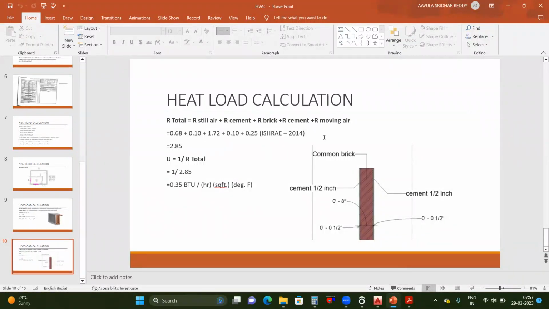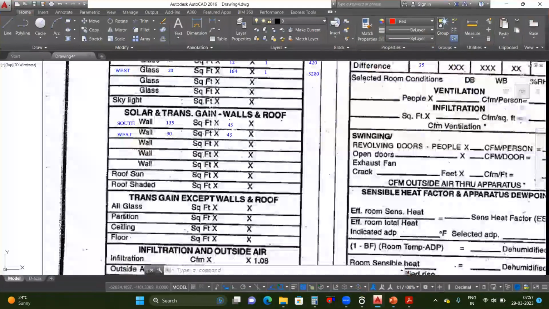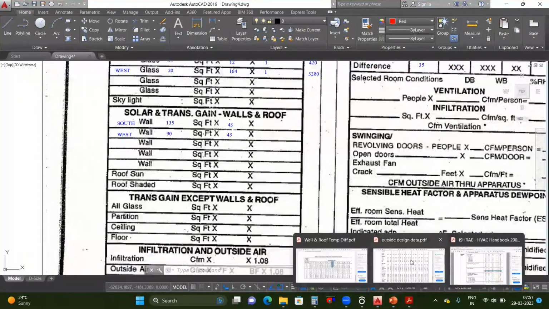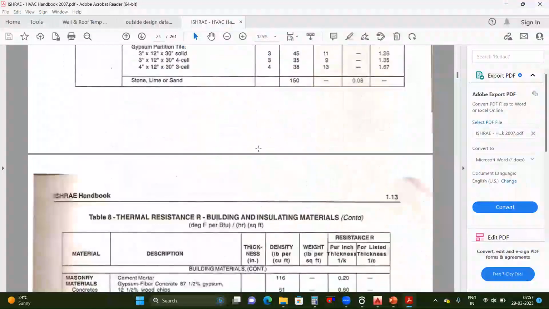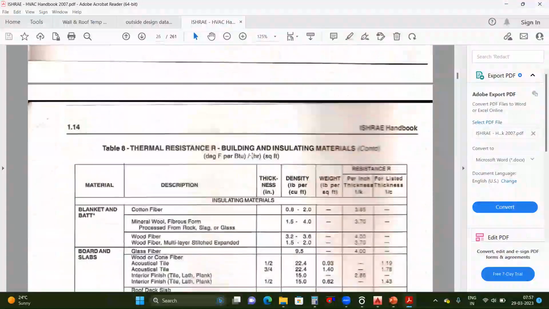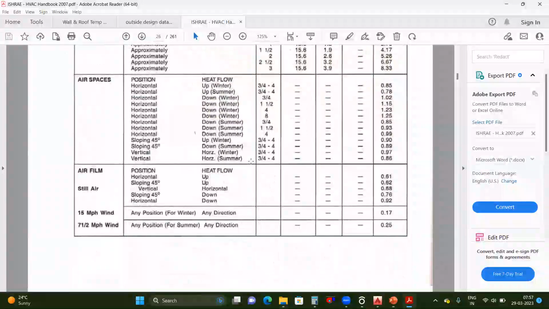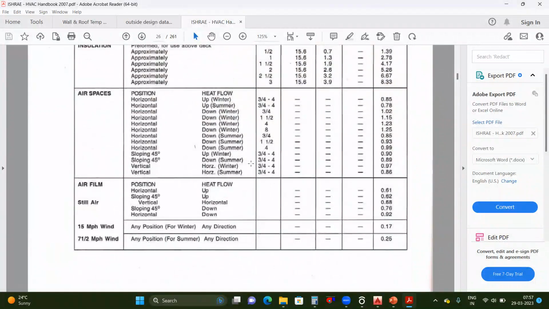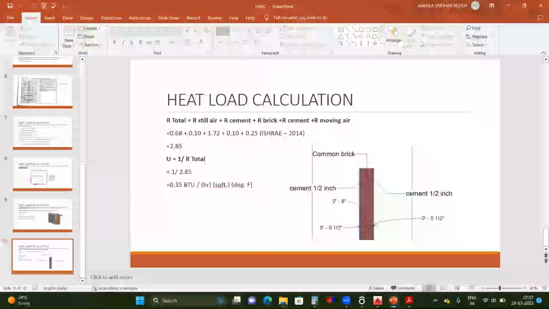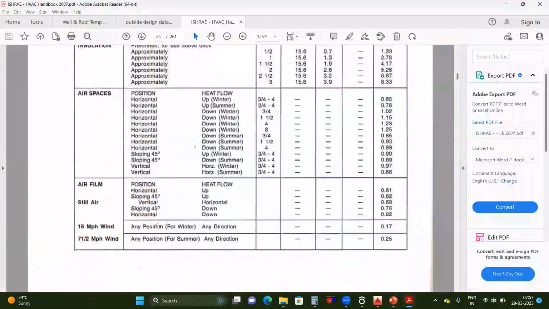And next one is moving air. Moving air means inside air, which we need to find from the book. Here you can see the air film, 15 miles per hour wind at any position for winter, any direction.